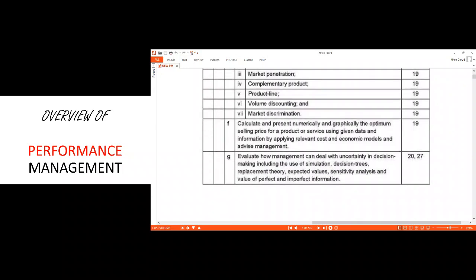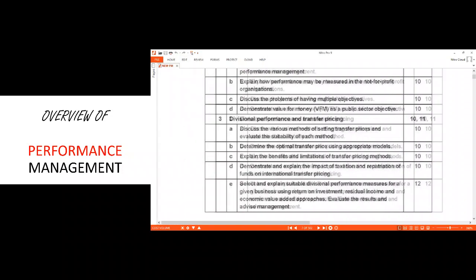Then we'll go on to calculate and present numerically and graphically the optimum selling price of a product or of a general service. Then we move on to evaluate how management can deal with uncertainty. And just as we know, uncertainty always abounds in business organization.